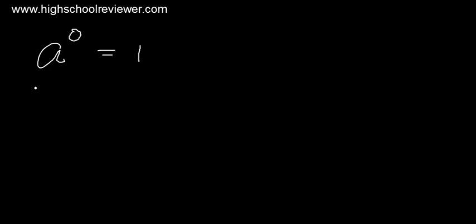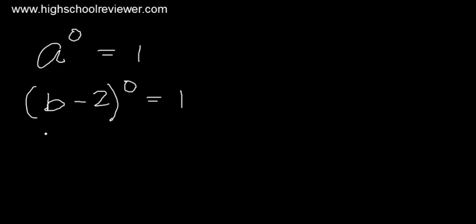How about if we have here a binomial, the quantity b minus 2 raised to 0? Even if it is a binomial, as long as it is enclosed in a parenthesis and the parenthesis is raised to 0, this is still equal to 1.